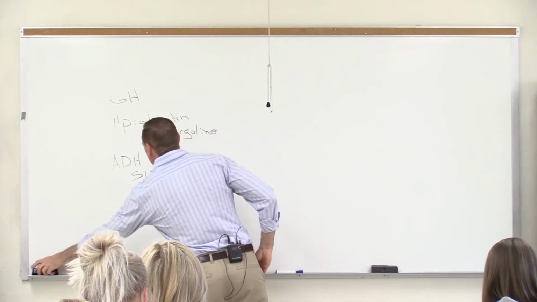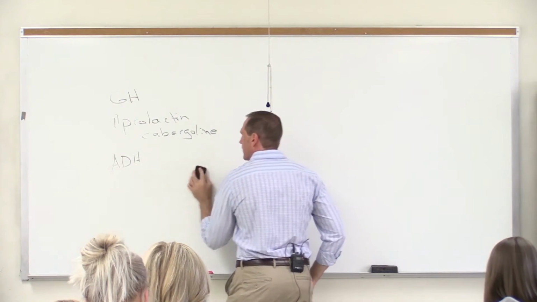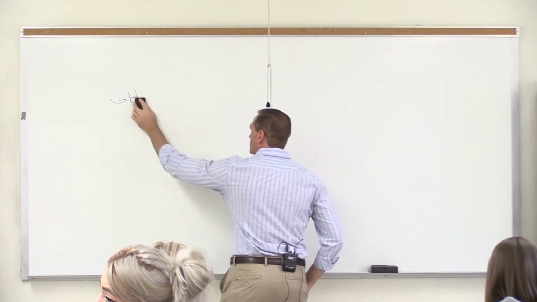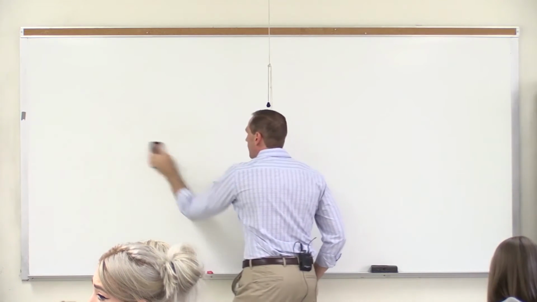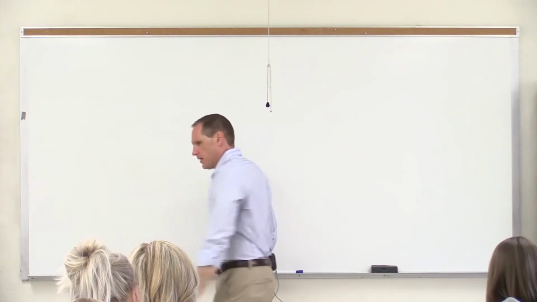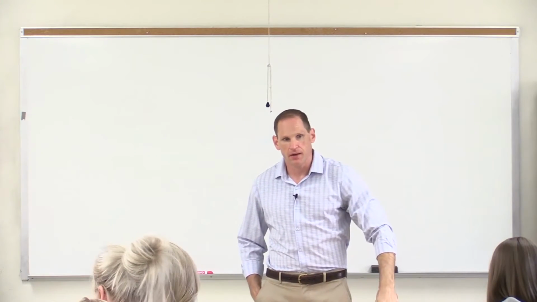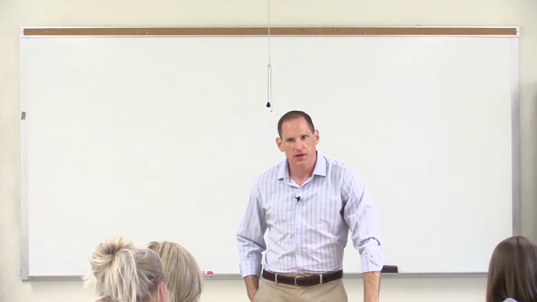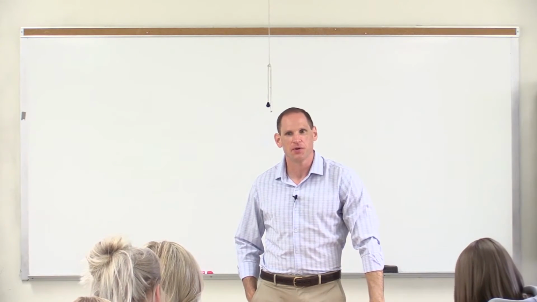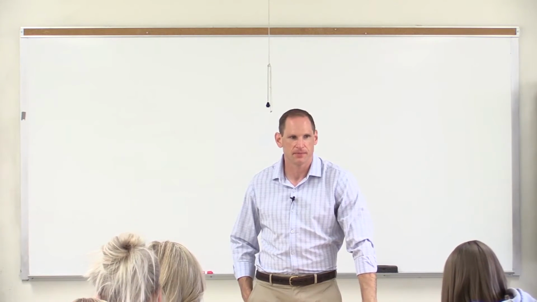All right, so at this time we're going to move on and talk about contraceptives real quick. Now, there's a number of ways that contraception can occur, and one of the natural ways is called the rhythm method. So what is the rhythm method?